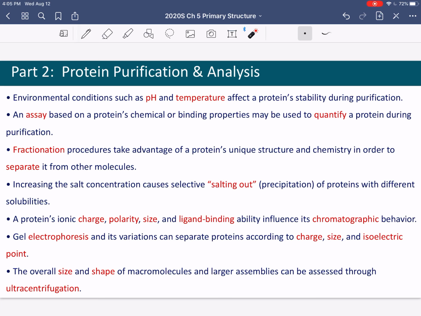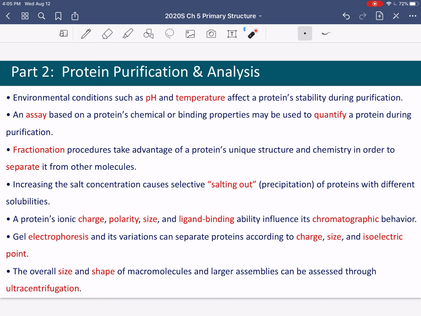In upcoming videos, we'll talk about fractionation procedures that separate proteins from other molecules in a mixture, and then we'll talk specifically about the fractionation procedures salting out, chromatography, including ion exchange chromatography.